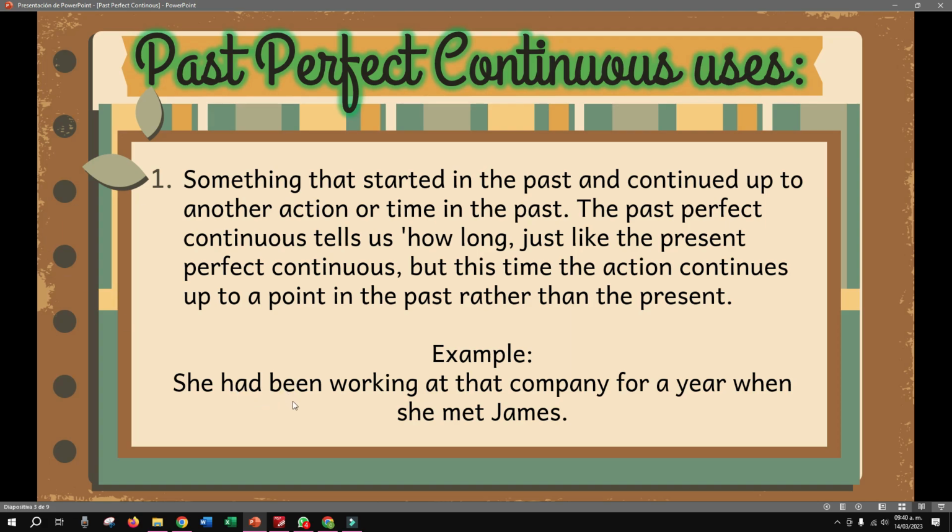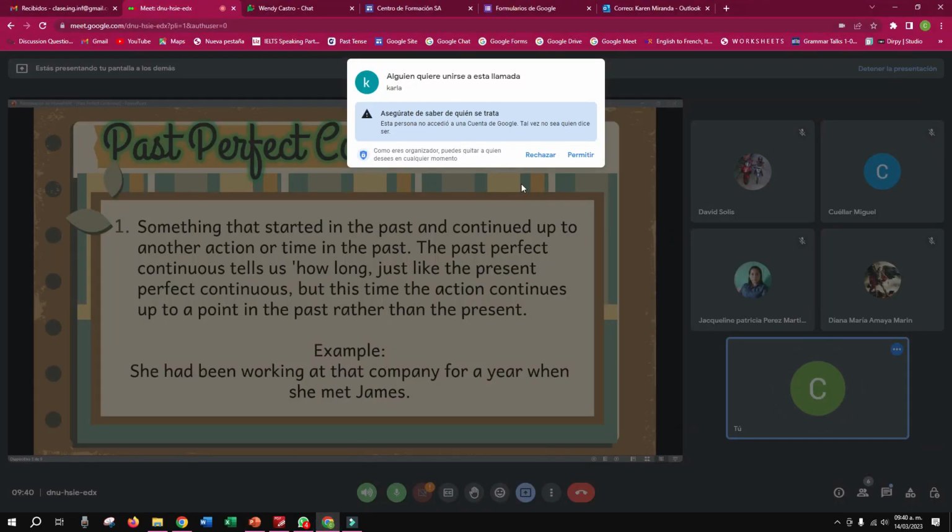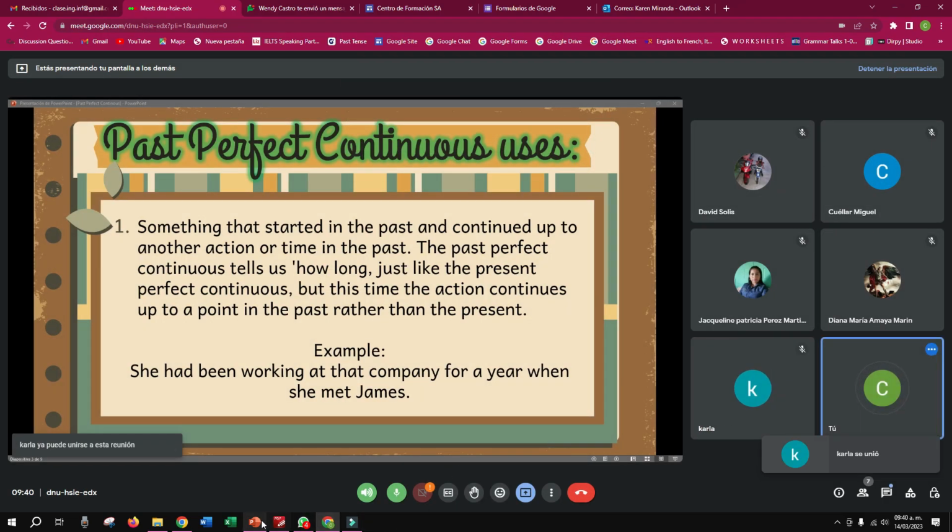So she had been, and also the main verb. This would be work, the main verb. You need to add ing. She had been working at the company for a year when she met James, right? So in that case, you're going to use that. So for a year when she met James, right?